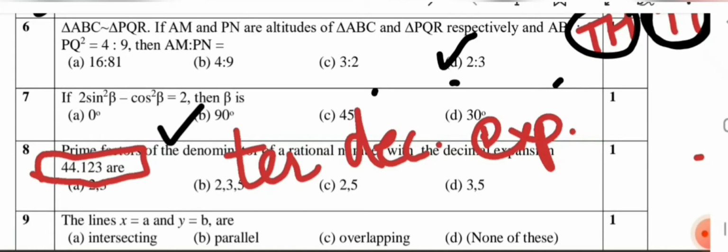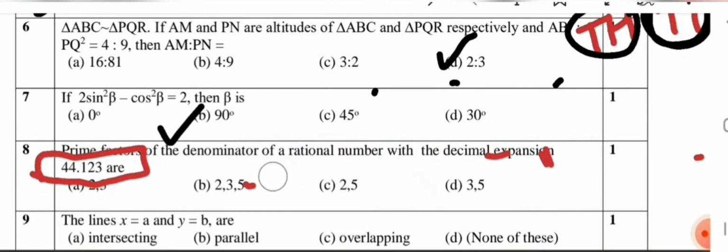And we know from our understanding, from our learning, that any number which has terminating decimal expansion, when we write it in rational form, its denominator will have prime factors of 2 or 5. So we have to tell what are the prime factors of denominator of this rational number. So obviously it's going to have 2 and 5.